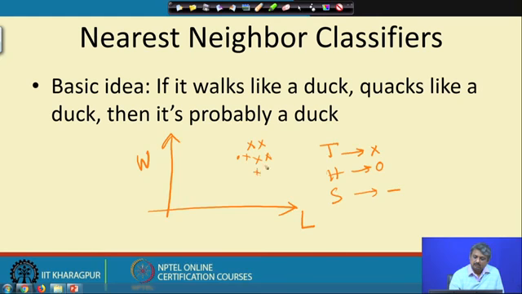If I plot their length and weight, this is all my Hilsas. And this is all my sharks. Forget about the other example, I am coming to that later. If I have a new fish, let me write it as a box.